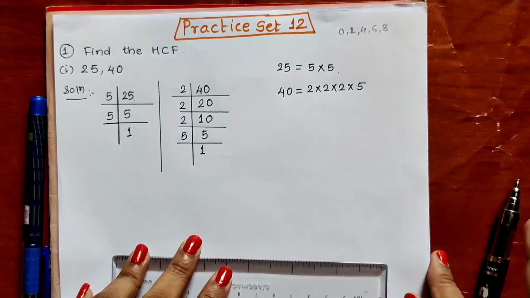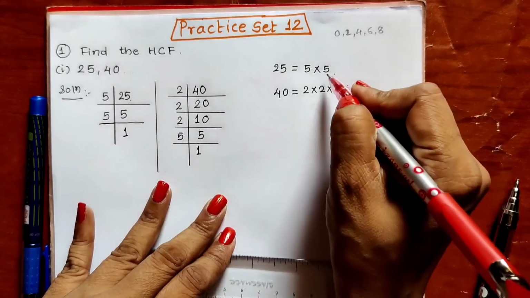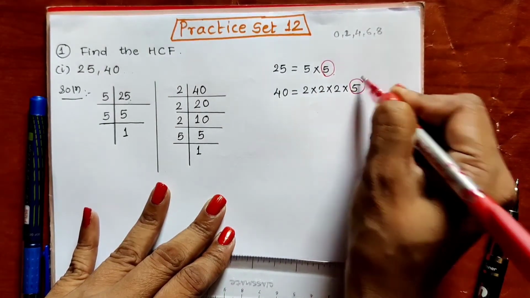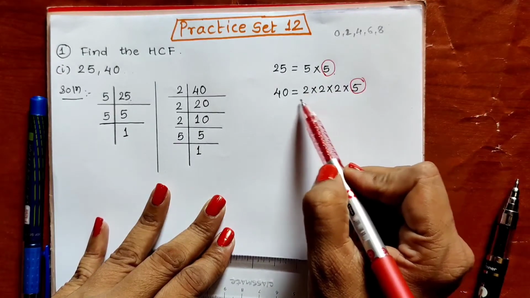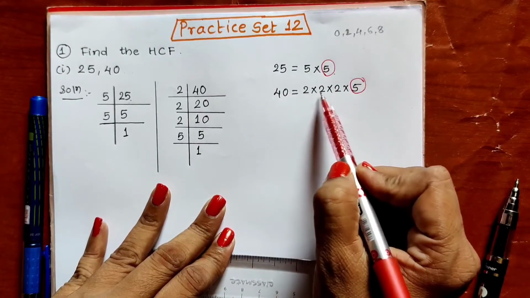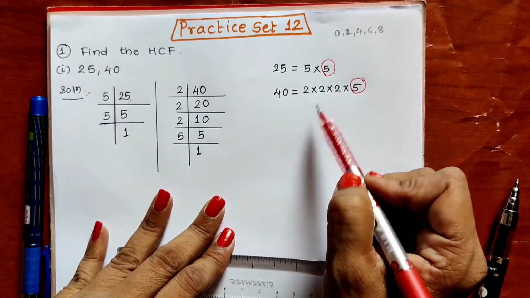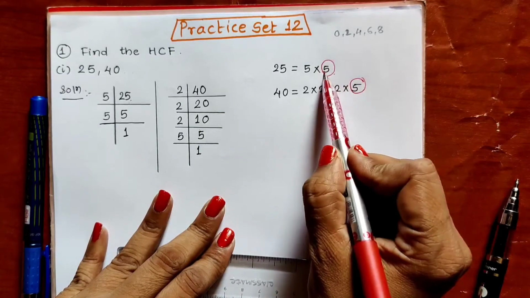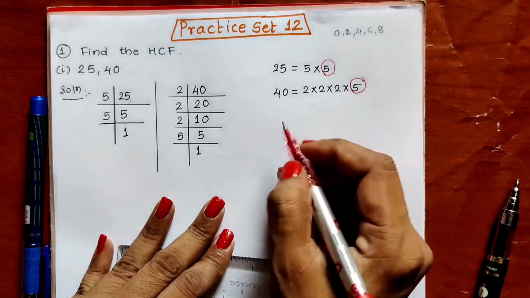Now let us check the common factors between these two numbers. We can see here only this 5 is common between these factors. Here one more 5 is there, but no second 5 is there in 40. In 40 there are three 2s, but in 25 2 is not there. So only one factor is common between 25 and 40.